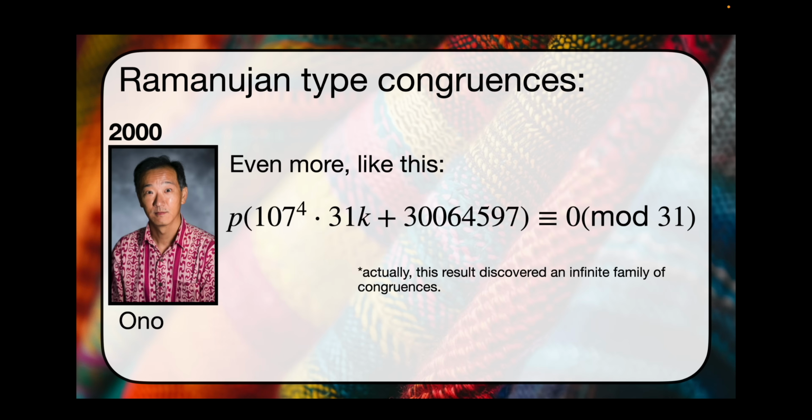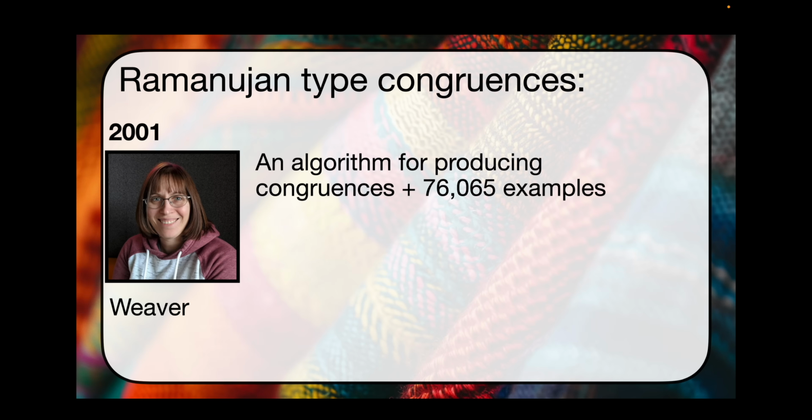And this is where we get a result that is actually part of an infinite family of congruences. And in 2001, Weaver, in fact, found an algorithm for producing these types of congruences, and with this algorithm constructed 76,065 examples of Ramanujan type congruences.